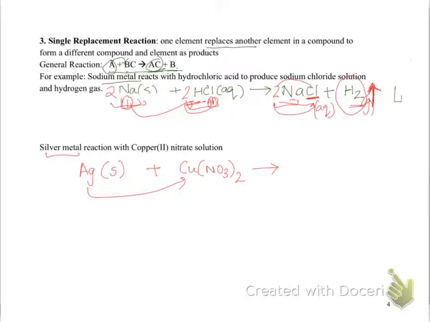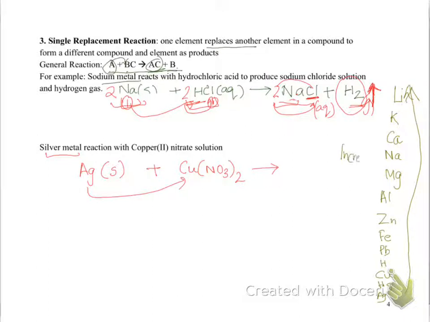So this is the reactivity series: lithium, potassium, calcium, magnesium, aluminum, zinc, iron, lead, hydrogen, copper, mercury, silver. And the upward arrow shows the increasing activity. This is also known as the activity series.